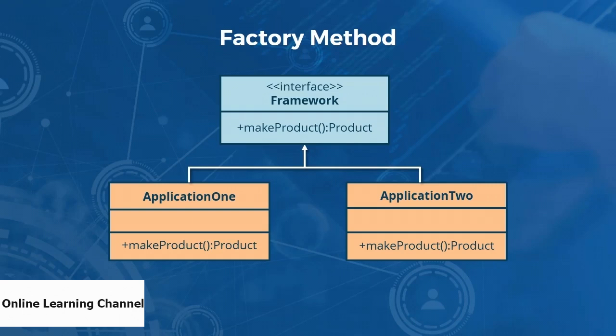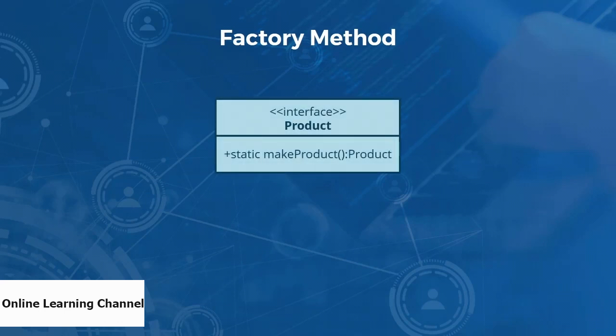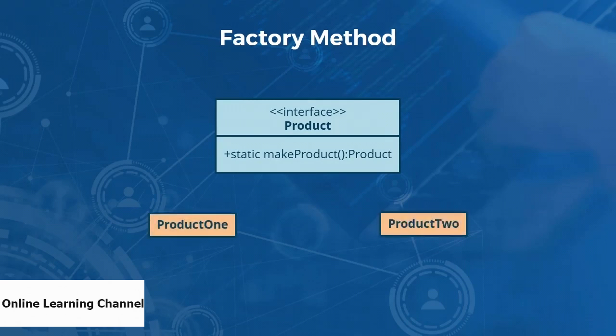Similarly, if application 2 needs objects of type laptops, it'll specify type equal to laptop to the makeProduct factory method. The factory method here will ensure that the right product object is instantiated for each of these applications and product 1, that is an instance of the object mobile phones, is returned to application 1, and product 2, an instance of the object laptops, is returned to application 2.